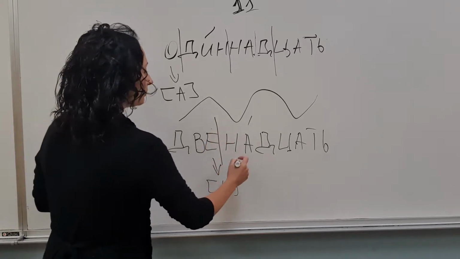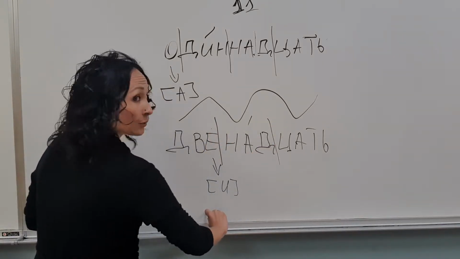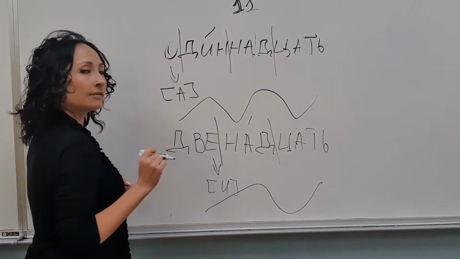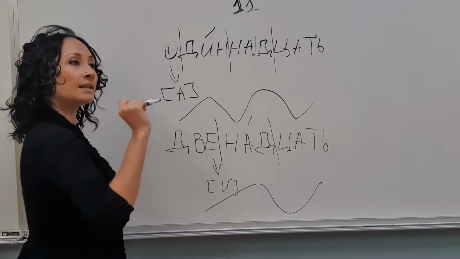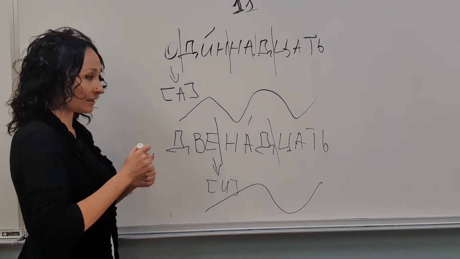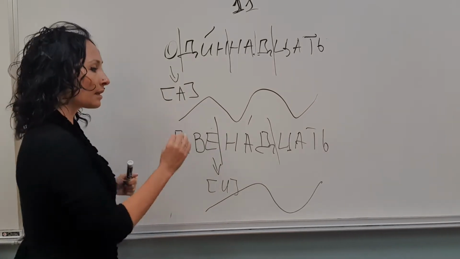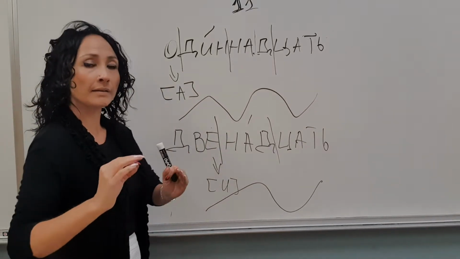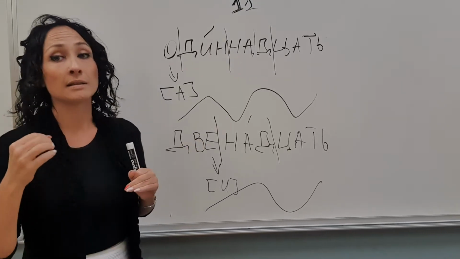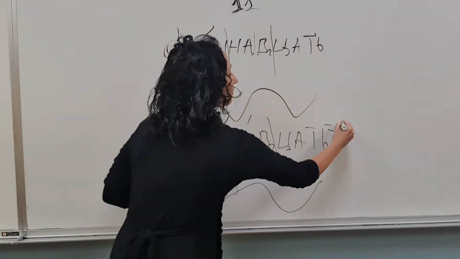I break it down into syllables and draw a wavy line and pronounce 12. You see, it's the same. Broke down into syllables, pronounce them linking them together at a slow pace and then faster, until I get it naturally. So this word stands for number 12.